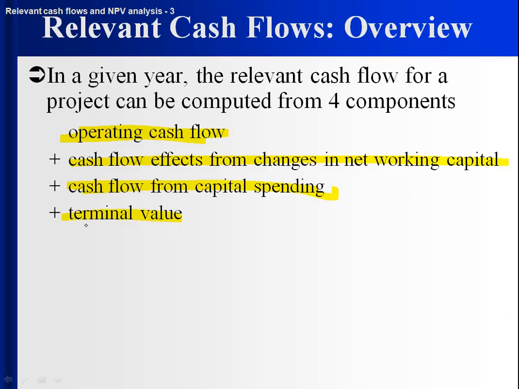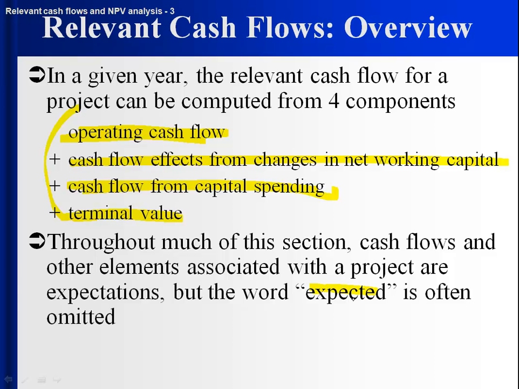And the fourth item is something called terminal value, which is widely used in practice, which is the value of a project at a particular point in time that we can use in our analysis because it captures all the subsequent years. And so in any given year, add those four up, you get your relevant cash flows, you discount those, you get your NPV.